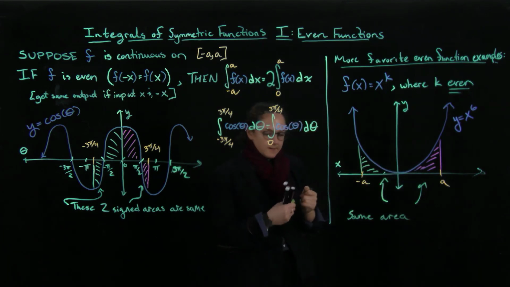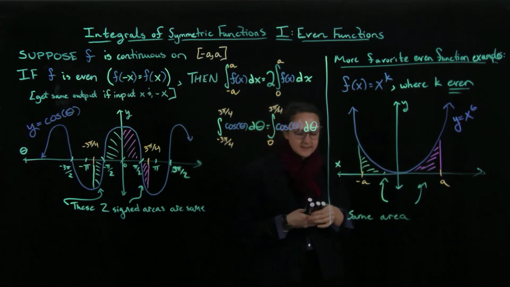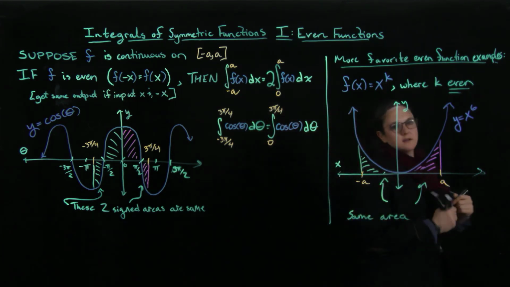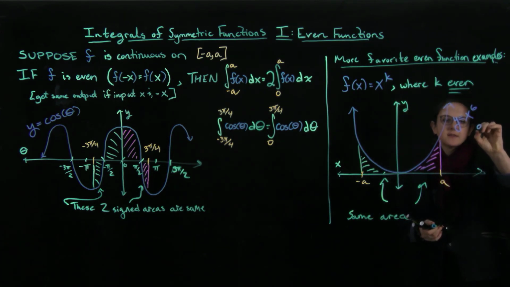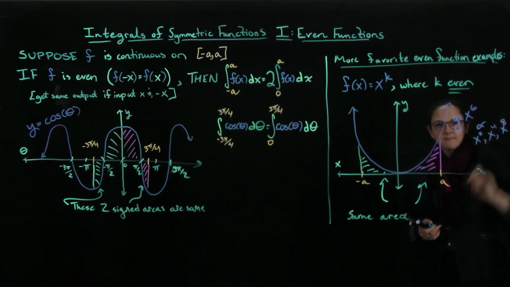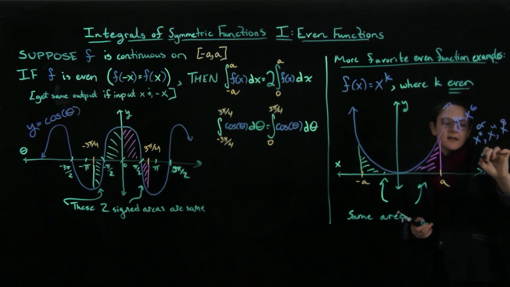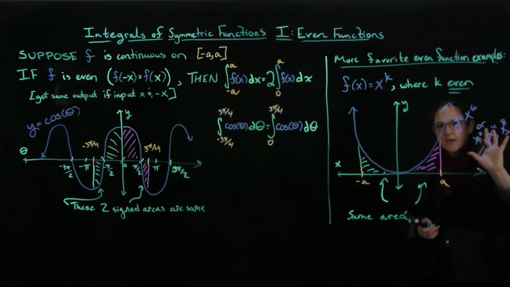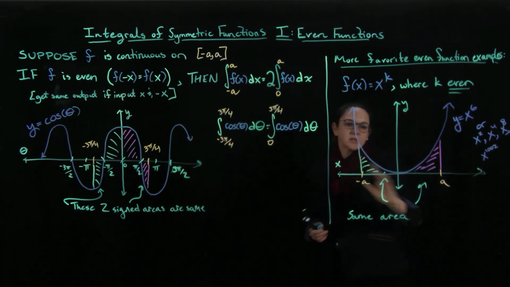This could be x squared, x to the 4th, x to the 6th, x to the 8th, or x to the 1002. It doesn't matter. As long as it's an even number, the picture looks kind of the same.